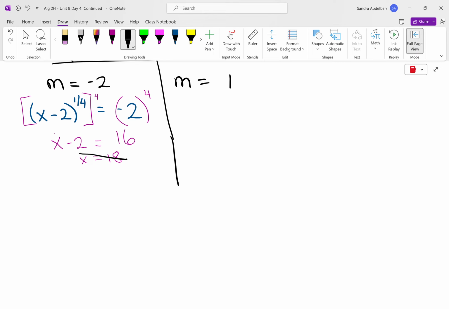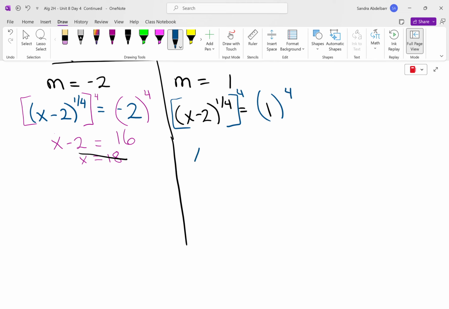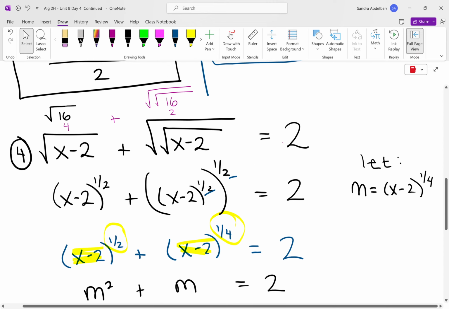Now we go to the other side, and we're going to sub back in now x minus 2 raised to the 1/4 power equals 1. Raise both sides to the 4th power. So then we get x minus 2 is equal to 1. X will equal 3. Now we check this one. Let's go back.